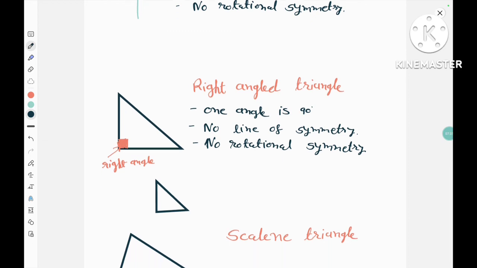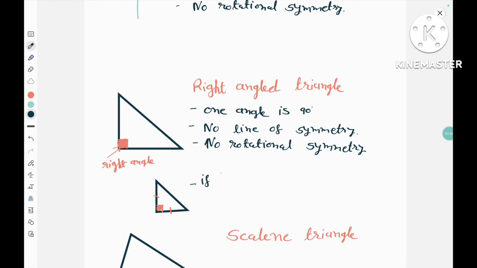But if this right angle triangle is isosceles, it means these two sides, not any. This hypotenuse is not possible. These two sides, if they have the same length, that is possible.